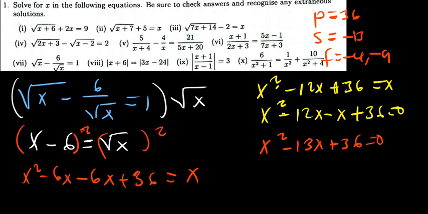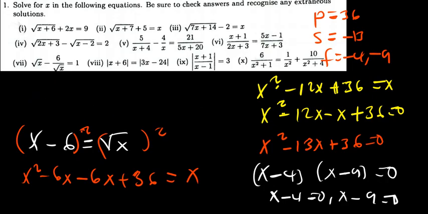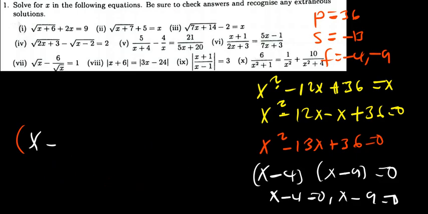Meaning that if the coefficient is positive 1, those are my solutions: x minus 4, x minus 9 is equal to 0. So x minus 4 is equal to 0 and x minus 9 is equal to 0. If I shift 4 to the other side, it will be positive 4. x will be equal to 4. Another one, x will be equal to 9.